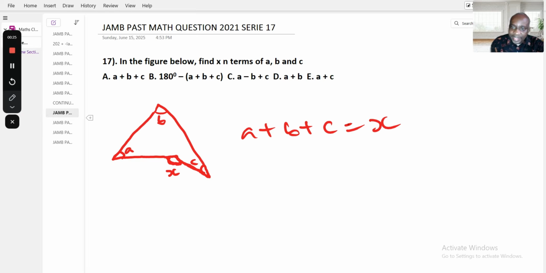Equals to x. The sum of the interior angles is equivalent to the exterior angle, the one outside. Therefore, our answer is a plus b plus c. Do you have a plus b plus c? Yes. Our final answer is A.